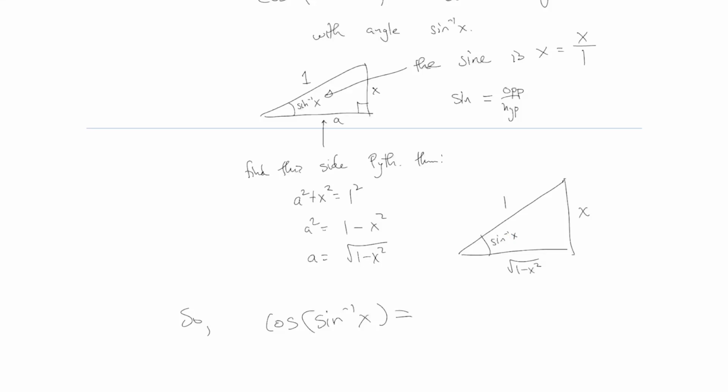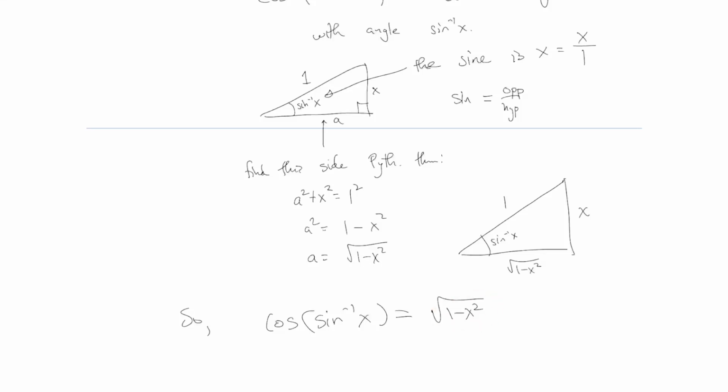That's what the cosine is. Adjacent is root 1 minus x squared over hypotenuse, which is 1. Here the hypotenuse is 1, so you don't get any denominator. All right. I don't suggest memorizing this as a formula, but this is true. The cosine of inverse sine of x equals square root 1 minus x squared.